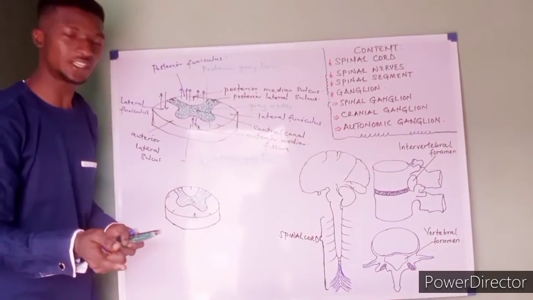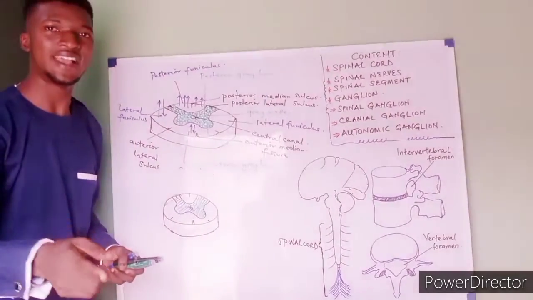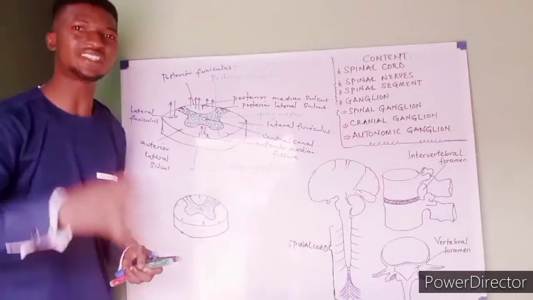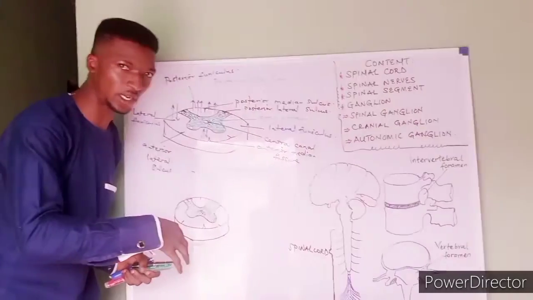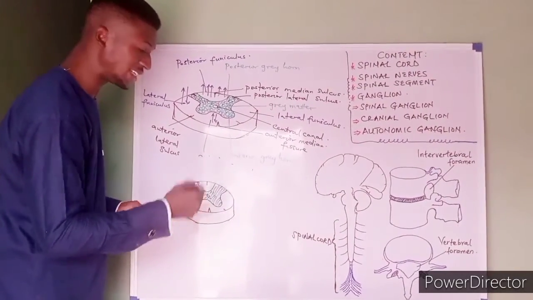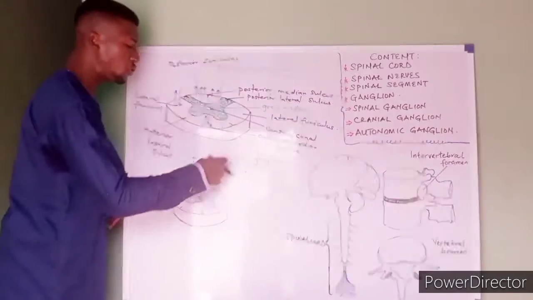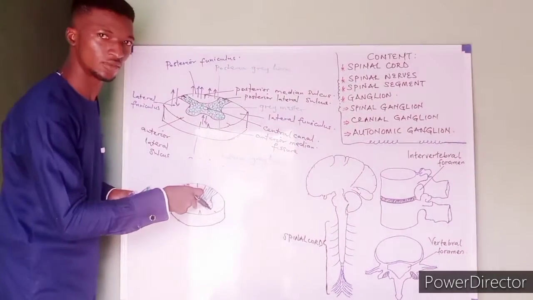And why are they called the sensory nerves? Because these nerves are connected to the sense organ, and they transmit impulses from the sense organ down to the spinal cord. Okay. Now, when the nerves are coming in, they come in through the posterior arm.